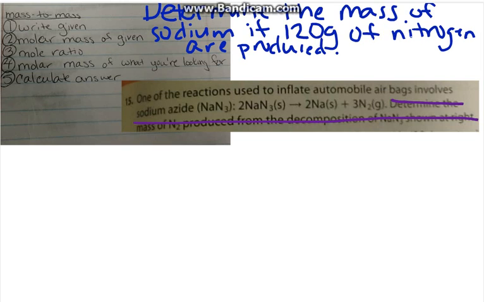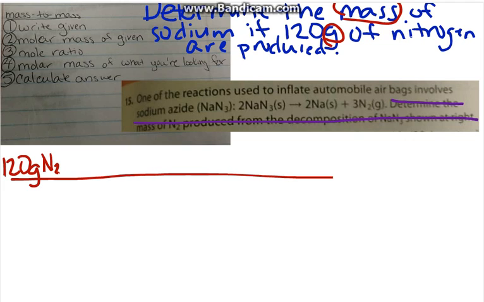Alright, here's the one I want you to try. Determine the mass of sodium if 120 grams of nitrogen are produced. Pause it, try it, check back, and see if your answer is right. Okay, looking at it, I see the word mass, and I see a G for grams. So I'm going to look at my steps for mass to mass.